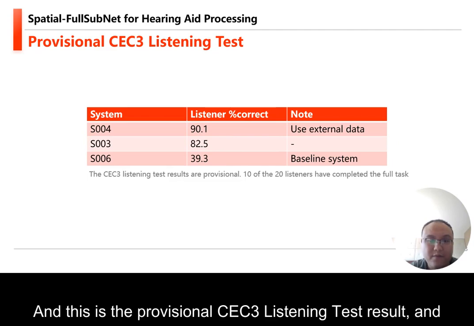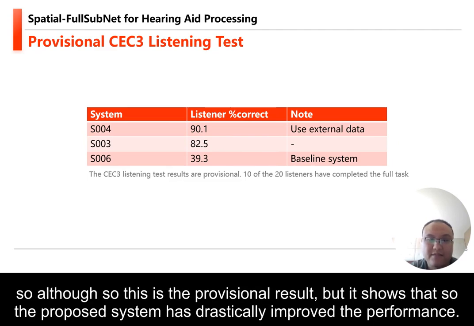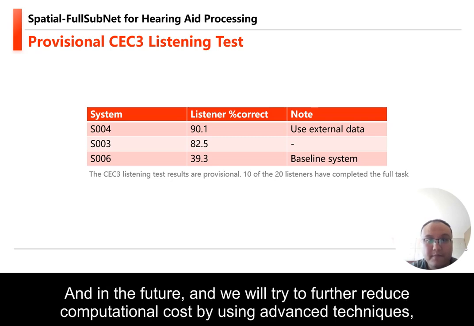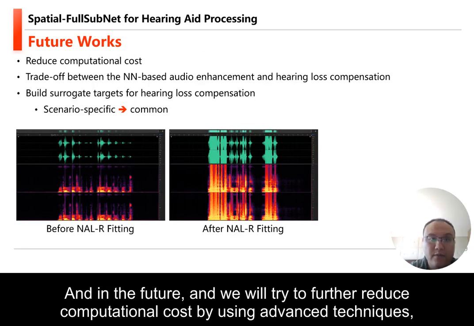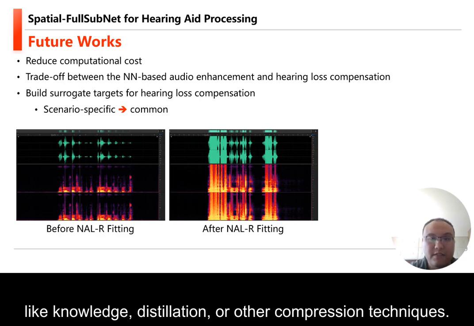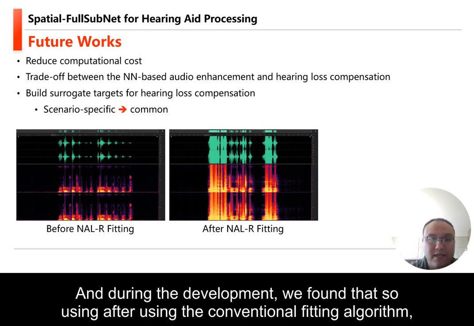And this is the provisional CEC3 listening test result. Although this is provisional, it shows that the proposed system has drastically improved the performance. In the future, we will try to further reduce computational cost by using advanced techniques, like knowledge distillation or other compression techniques.